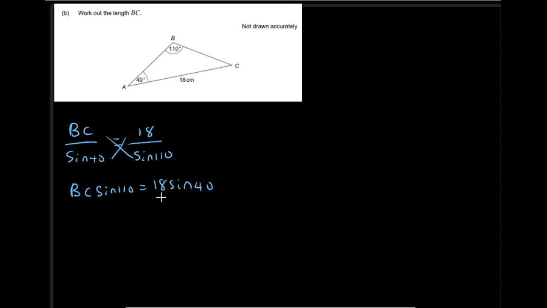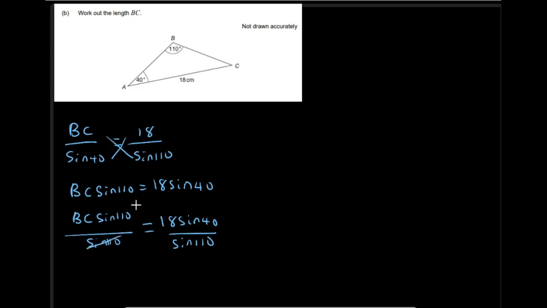To get BC, we divide both sides by sine 110. That gives us BC sine 110 over sine 110 equals 18 sine 40 over sine 110.